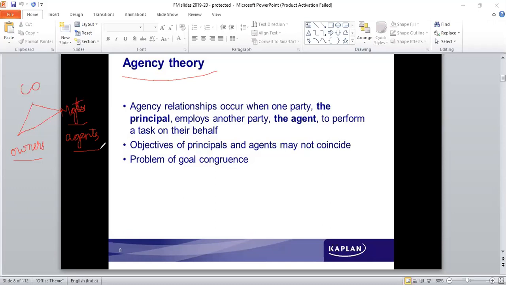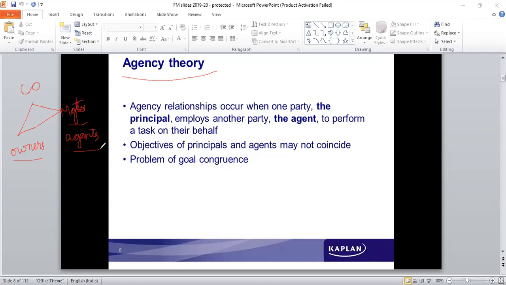When they are taking decisions, they may not always go on par with whatever is expected by the owners. So there can be some kind of dysfunctional behavior on the part of the agents or the management. So it says that objectives of principals and agents may not coincide, may not be on par.